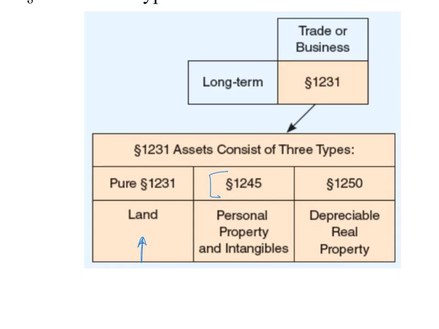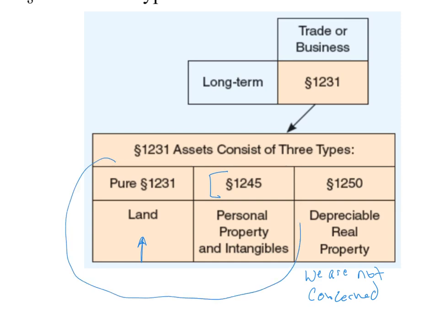And then you have 1250 assets, which are depreciable real property. For the most part, we are not concerned with these rules for this class. The focus of our discussion is going to be on 1231 and 1245, okay?